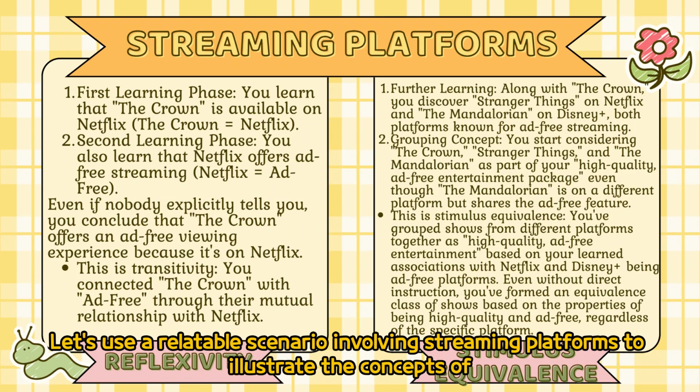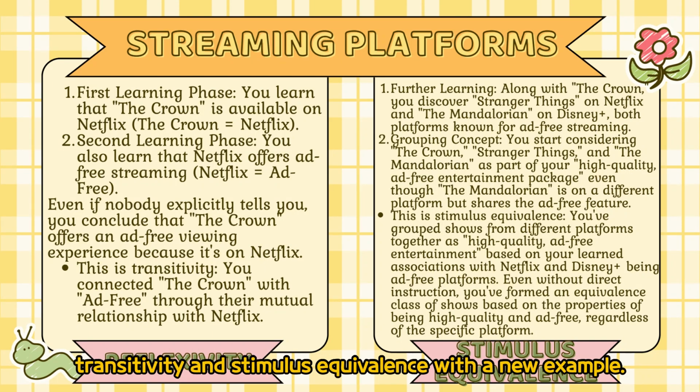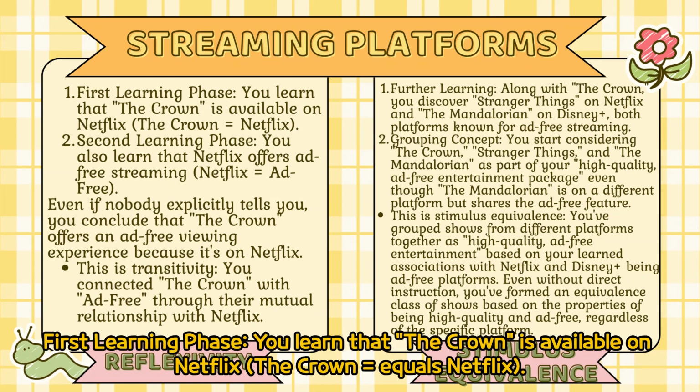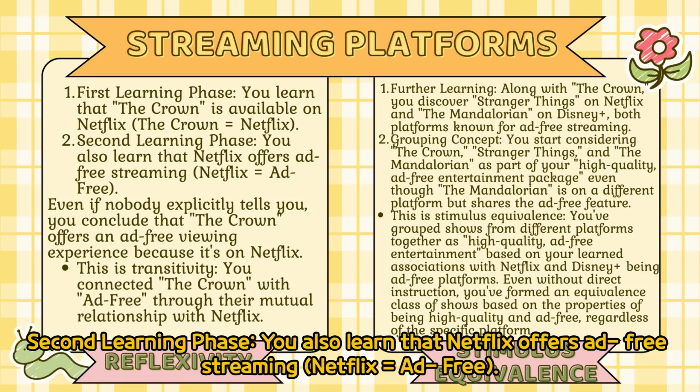Let's use a relatable scenario involving streaming platforms to illustrate the concepts of transitivity and stimulus equivalence with a new example. 1. First learning phase: you learn that The Crown is available on Netflix. The Crown equals Netflix. 2. Second learning phase: you also learn that Netflix offers ad-free streaming.